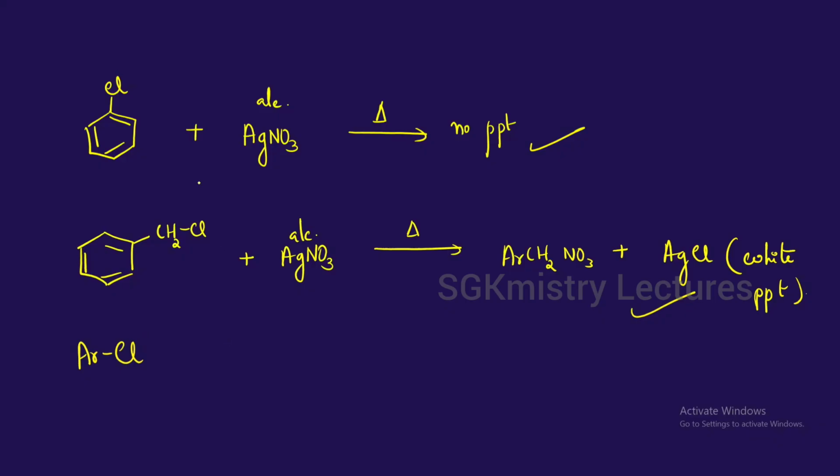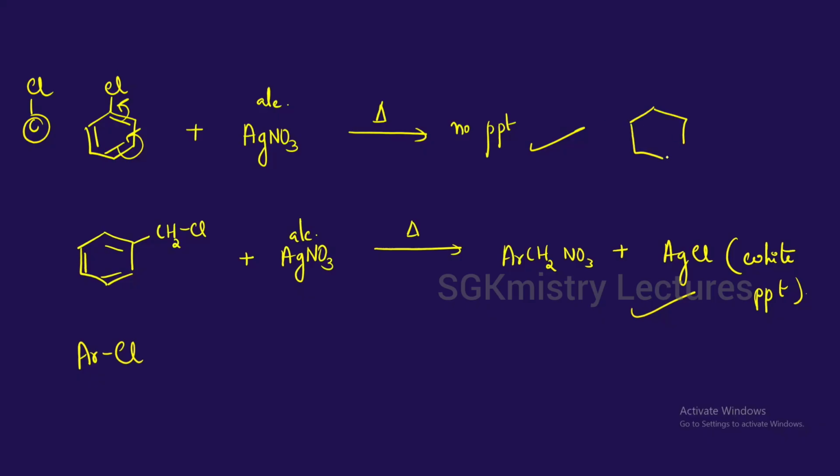Mainly it has a partial double bond character because it is involved in resonance. The electrons are delocalized, and this particular bond, between the carbon of the aromatic ring and the chlorine, has partial double bond character because of the resonance. Because of this, the Cl cannot be removed.